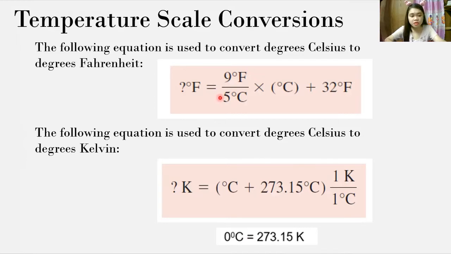So 1 degree Celsius is equivalent to 1 Kelvin. For degrees Celsius to degrees Fahrenheit, this 9/5 or 1.8 change in degrees Fahrenheit is equal to a 1 degree Celsius change, because they also have units of equal magnitude.